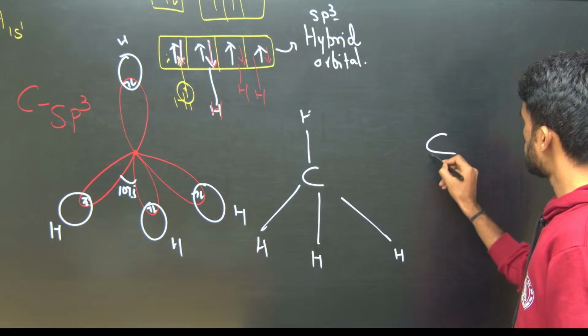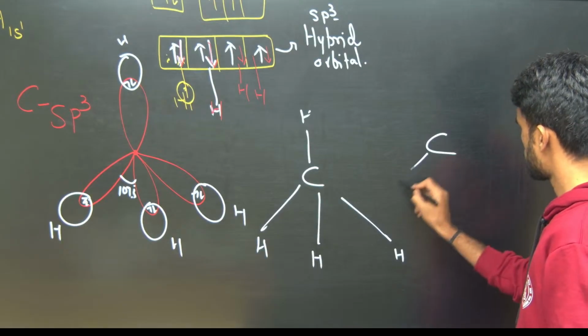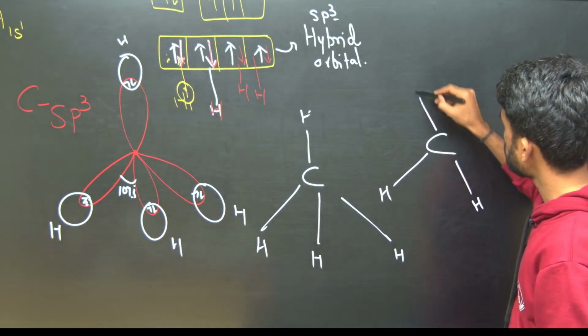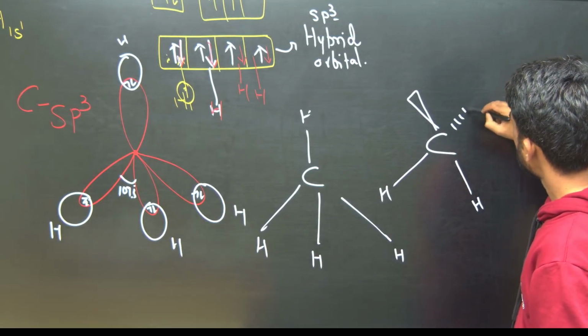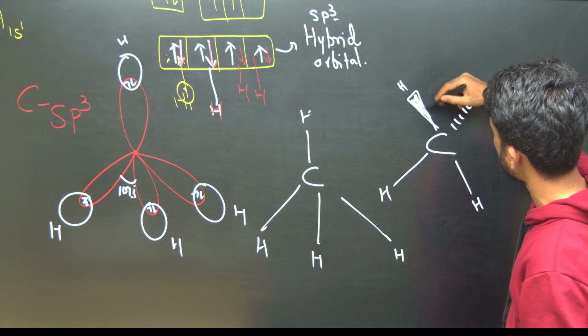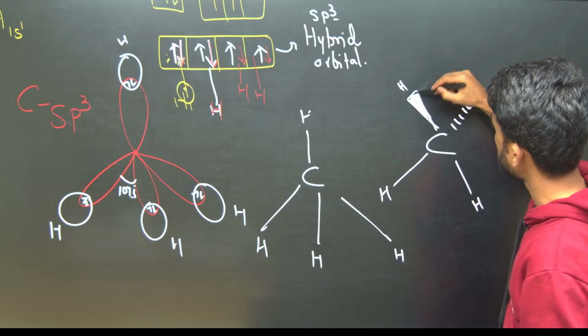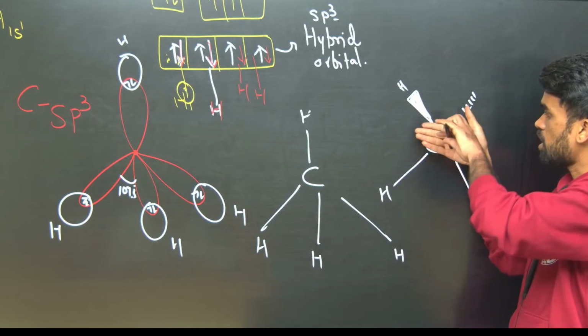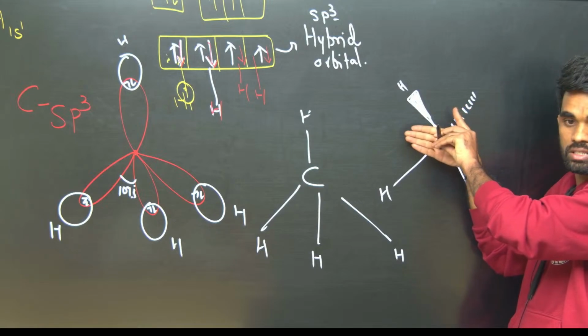It means you should represent it like this: 1 hydrogen, second hydrogen, okay, and one more you should imagine like this. It means this thick line is there now here. This is representing, it is coming towards the observer. If this is the plane, the carbon hydrogen is coming out like this.